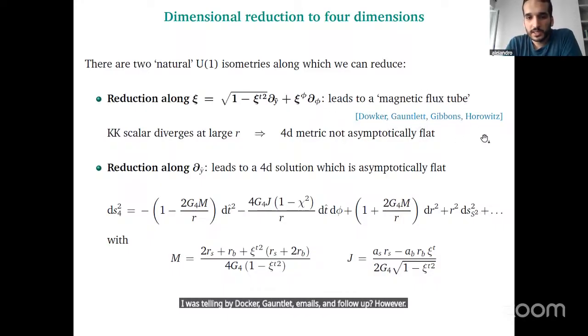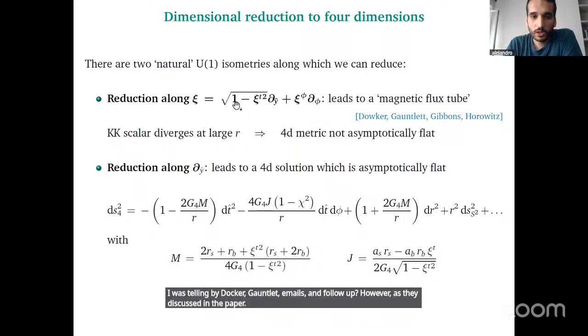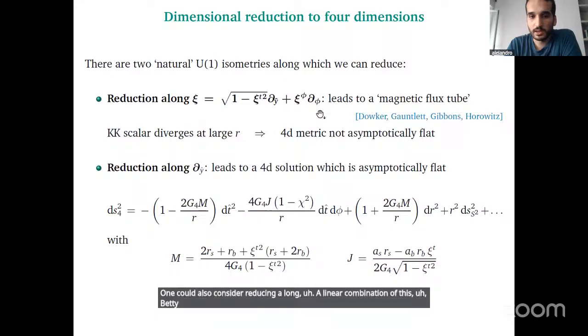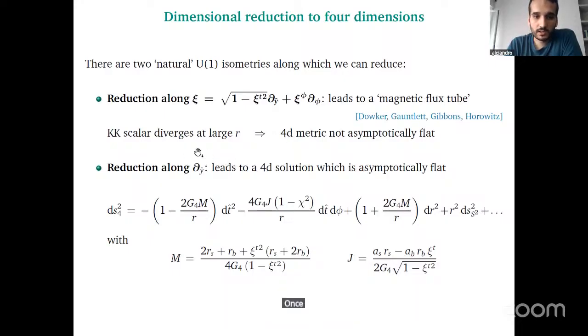However, as they discuss in the paper, one could also consider reducing along a linear combination of this vector T and partial phi, as long as this linear combination has closed orbits. One such example would be just partial y hat, as we saw.